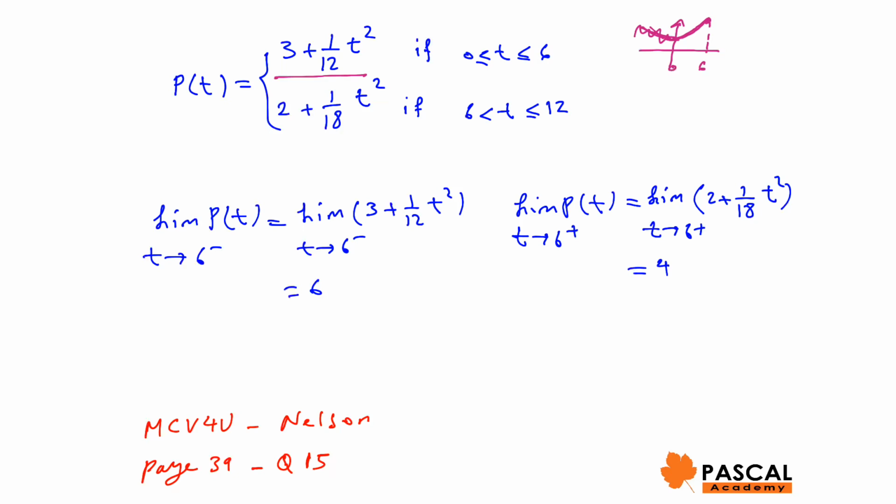Both of these limits are calculated by the direct substitution method. Notice that when t is less than 6, for the left side limit, we use this equation, and when t is greater than 6, for the right side limit, we use the second equation.